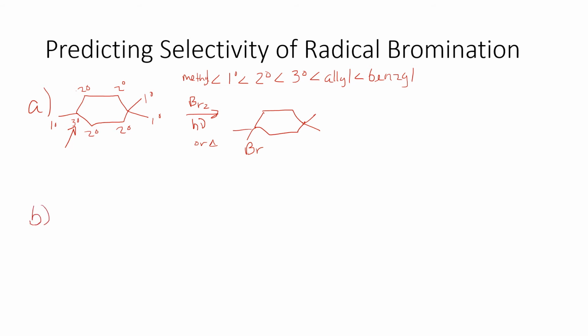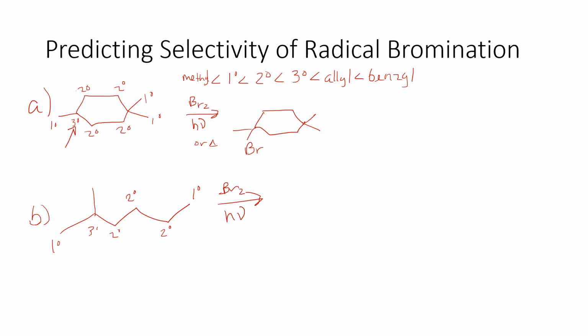Another structure. So if we look, where would bromination likely occur? Again, we identify. If we were to do homolytic cleavage, we're looking at carbon-hydrogen bonds. We identified this would be a primary, tertiary, secondary, secondary, secondary. This would be a tertiary.